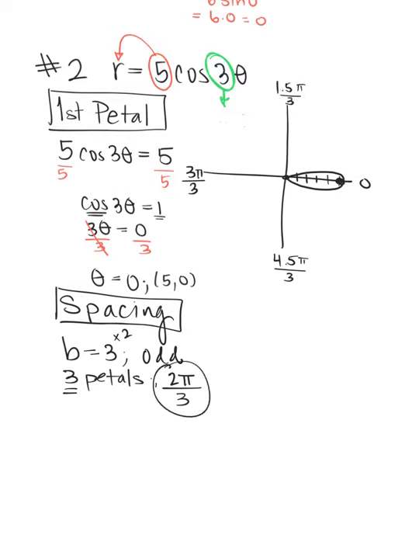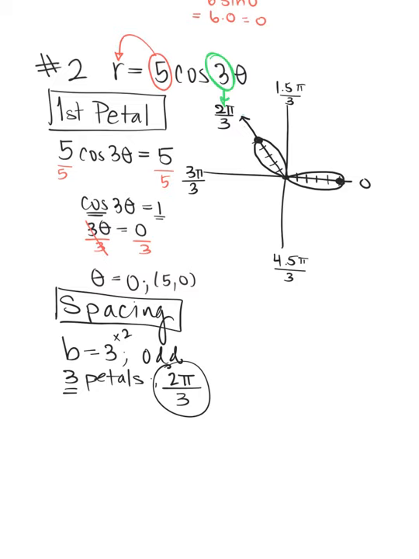So I need to go 2 pi over 3 from 0, so that would be somewhere over here. And I'm going to label that, 2 pi over 3. And then I know my radius was 5, so I'm going to go out 5 units along that radial line. There's the tip of the petal.